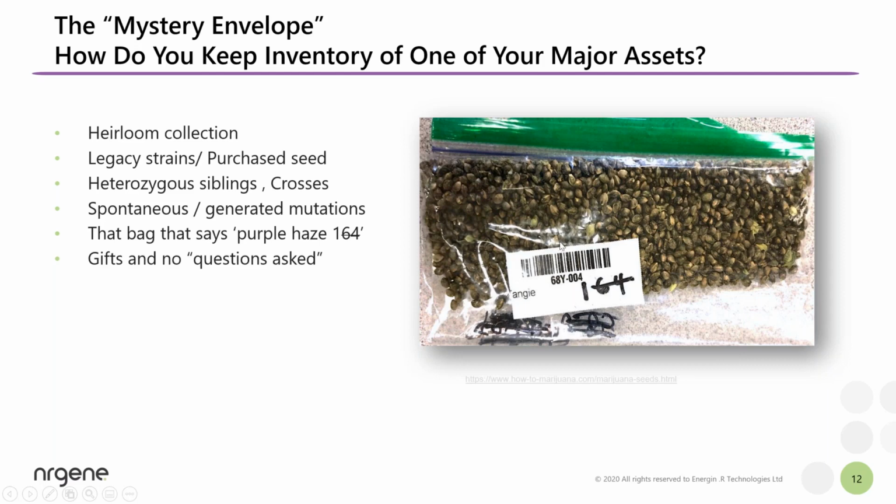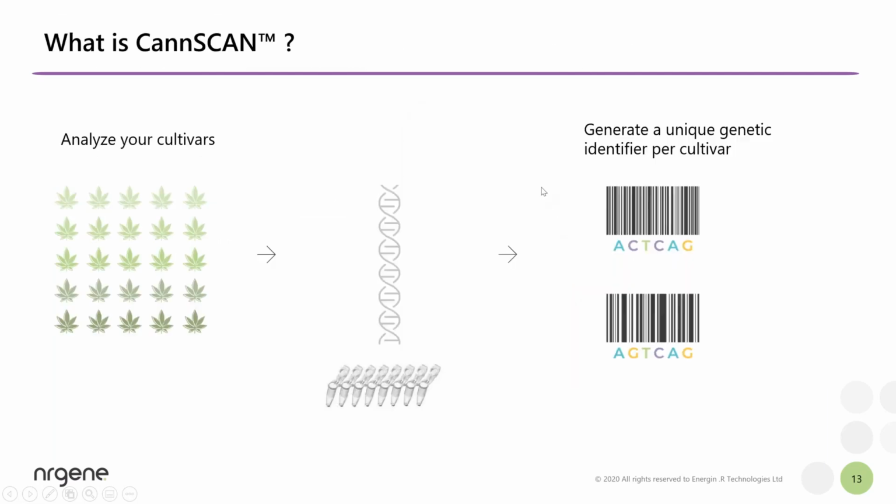So these are all problems with clonal propagation and reverting back to seeds without genetic ID of the makeup of your collection. So what is CannSCAN? In a very simplified schematic view, in CannSCAN we analyze your cultivars. You send tissue samples or DNA samples to our labs or our providers.